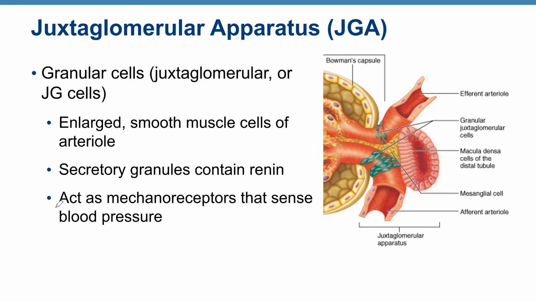And those granular cells have baroreceptors that sense blood pressure. So when blood pressure is really high, it will put force on the vessels of the arteriole, and it will activate these granular cells. Those receptors tell you the blood pressure is high, or when blood pressure is low, they will sense that blood pressure is low.